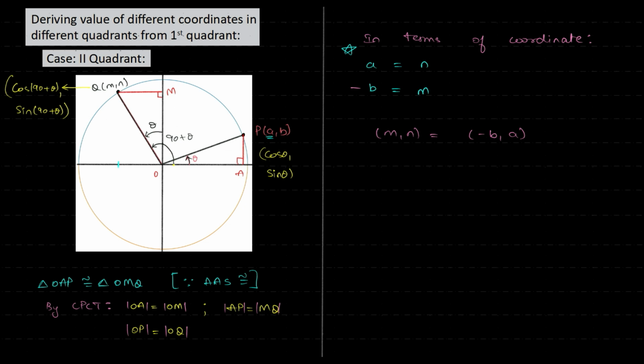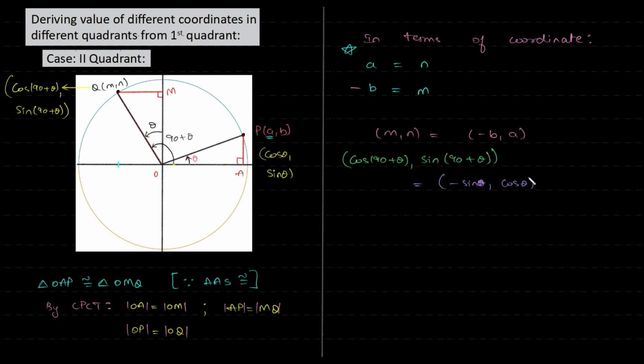Right? Now, let me substitute it over here. In place of M, I have to write cos of 90 plus theta. In place of N, I'm writing sine of 90 plus theta. And this is equal to B, which is sin theta, so minus B is minus sin theta. And A is your X, that is cos theta.